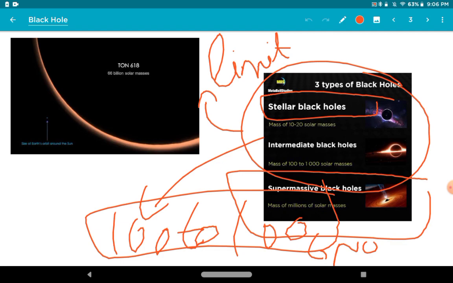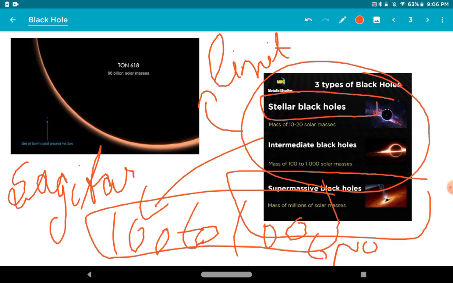Who knows how many stars, how many planets, solar systems, suns, stars, galaxies they have consumed in their lifespan, that they have become supermassive black holes. So in our galaxy, the black hole at the center of our galaxy is named Sagittarius A.